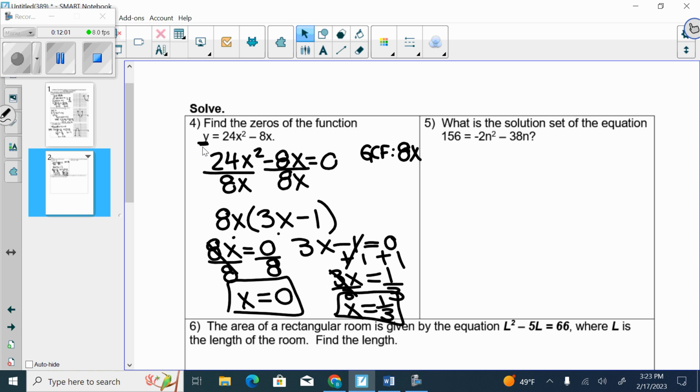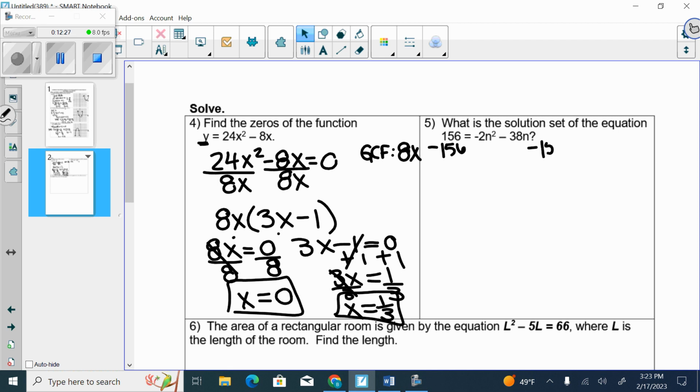Okay? Alright, number 5. On that one, do we have everything on the same side of the equation? No. So what are we going to move? The 156? Okay, how am I going to move 156? Subtract it, okay.